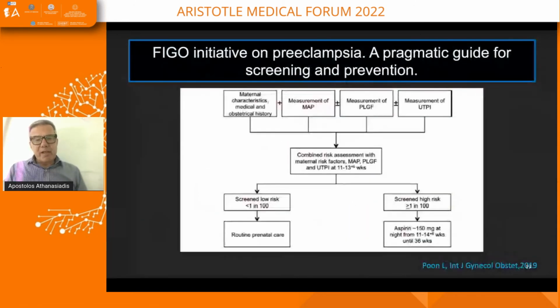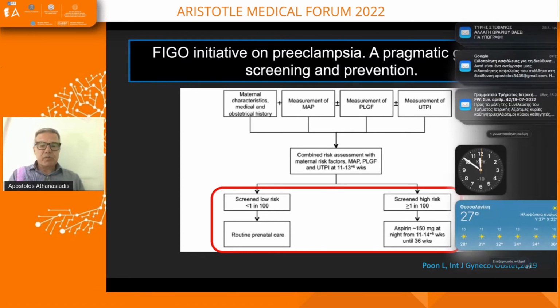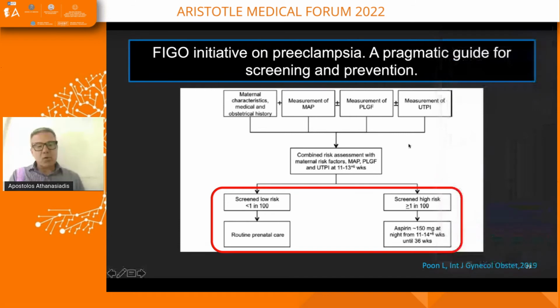And when we screen, we have the maternal arterial pressure, the PlGF, and we are also measuring the uterine artery Doppler. And if the risk is low, less than 1 in 100, it's routine prenatal care.